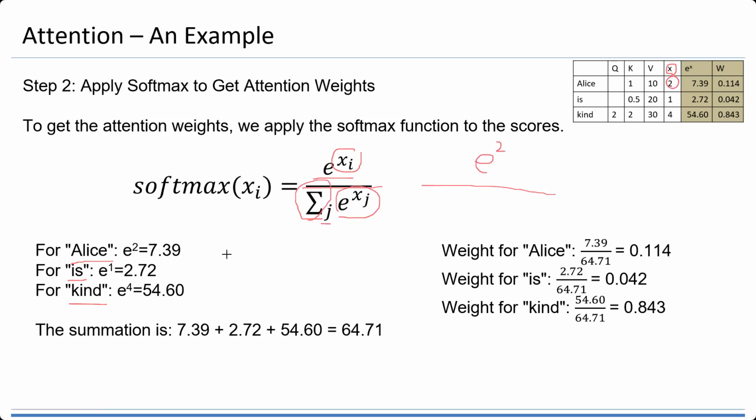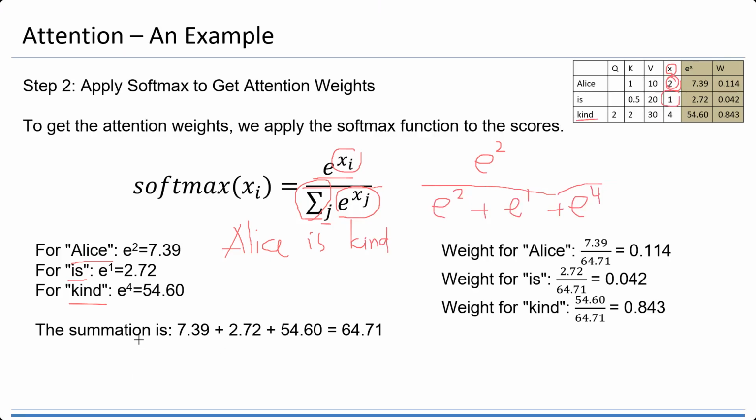So how many words do we have? Alice, is, and kind. Then we will do the division with e to the power of 2, plus e to the power of 1, which is from the word is, and then e to the power of 4, which is the word kind.